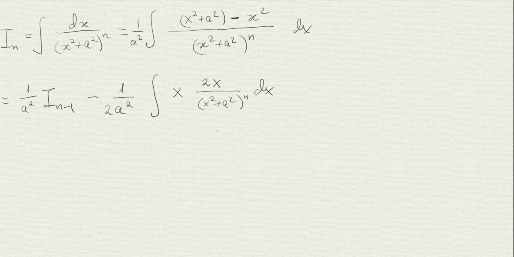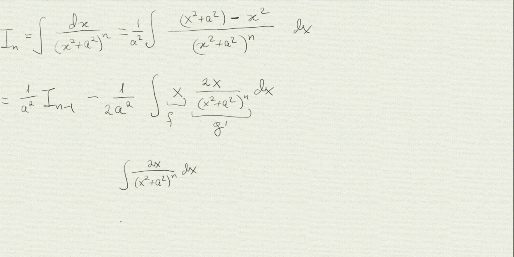Let's see. If we take this to be f, and we take this to be g prime, and now we want to find the antiderivative of g, so the integral of 2x over x squared plus a squared to the power of n dx.